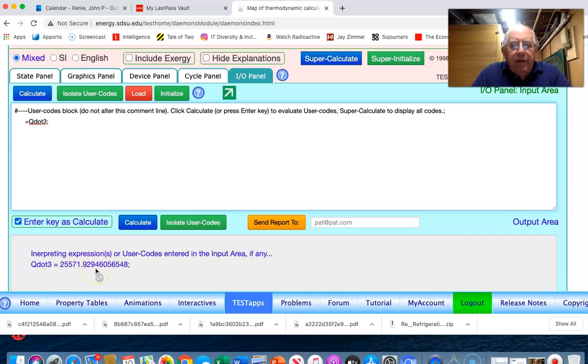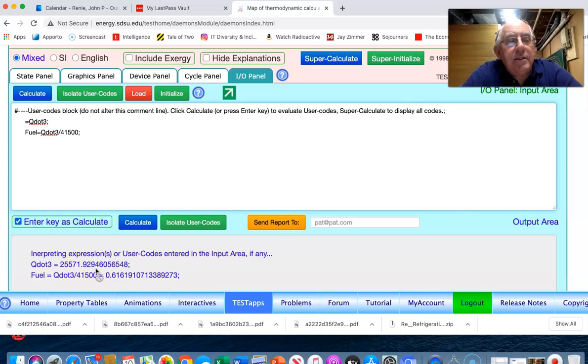Now, if I then say that the fuel rate is just going to be equal to that Q dot 3 divided by the 41,500. The 41,500 was given in the problem as how many kilojoules per kilogram of fuel. And so by taking the kilojoules per second and dividing it by the kilojoules per kilogram, this will then give us the fuel flow rate.